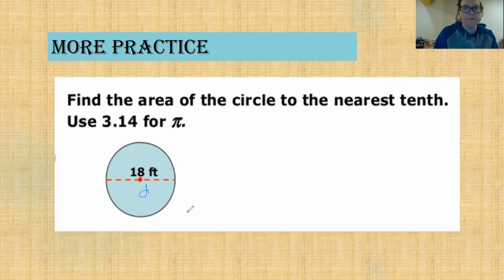So hopefully remember, we need to take the diameter and divide it by what? 2. That will give you your radius, and then you're going to use your formula, area equals pi times r squared.